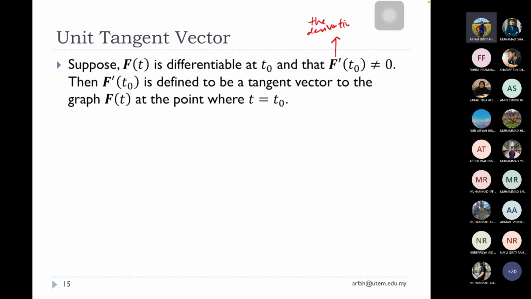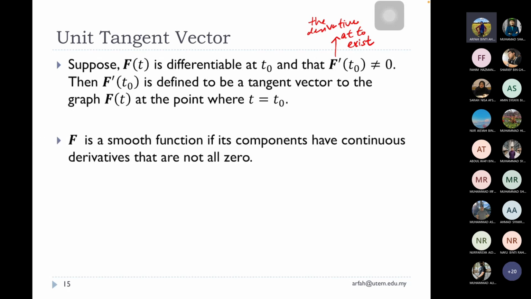So the derivative of vector f at t naught exists. So from here, the derivative is defined to be the tangent vector to the graph f(t) at the point where t equal to t naught.